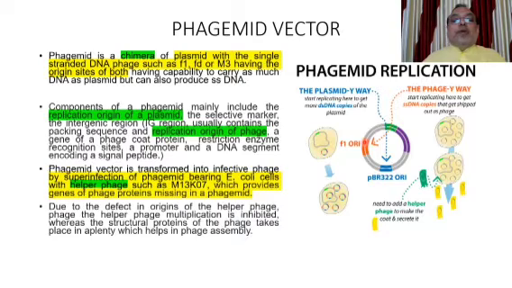So it is a chimera between the single-stranded FF phage, which is F1 phage, FD phage, or M13 phage, and a normal plasmid. And since it incorporates characteristics of both single-stranded phage as well as the double-stranded plasmid, it has been named phasmid.